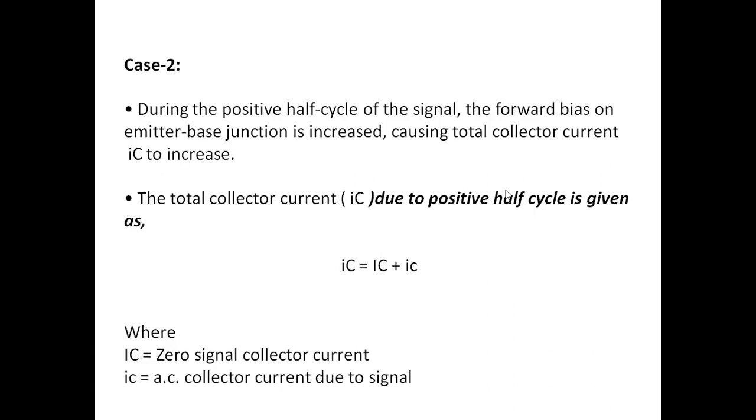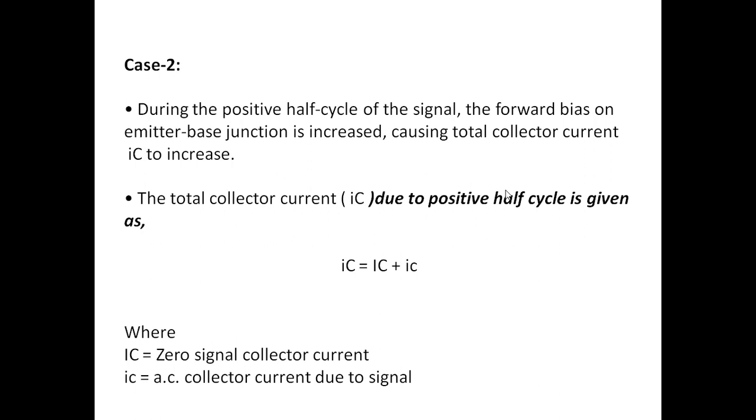Next, case 2. During the positive half cycle of the signal, the forward bias on the emitter base junction is increased, causing the total collector current small i capital C to increase. The total collector current due to the positive half cycle is given as small i capital C is equal to capital I capital C plus small i small c. Capital I capital C, we just discussed, is the zero signal collector current.